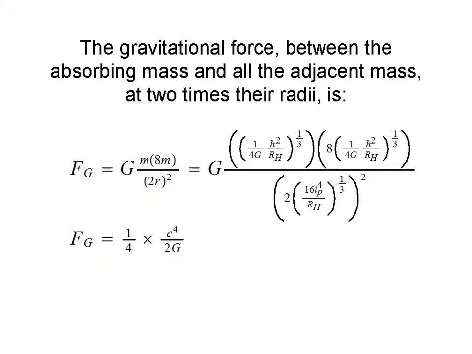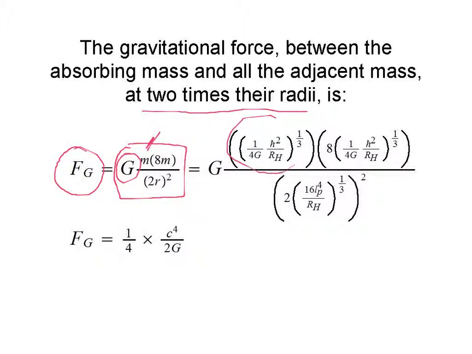The gravitational force between the absorbing mass and all the adjacent mass at 2 times their radii is, we have F sub g, that's our gravitational force, and this is the standard equation for gravitational force, so we have G, and we have our mass of the particle here, and we're going to look at it for the full surrounding volume, 8 times the particle mass, over 2 times the particle radius squared.